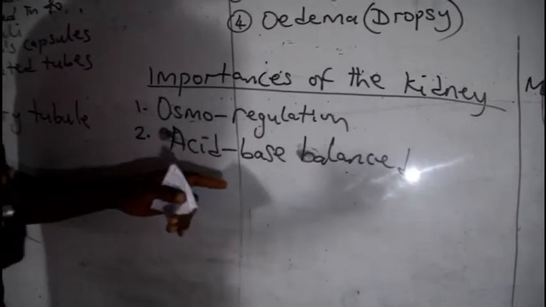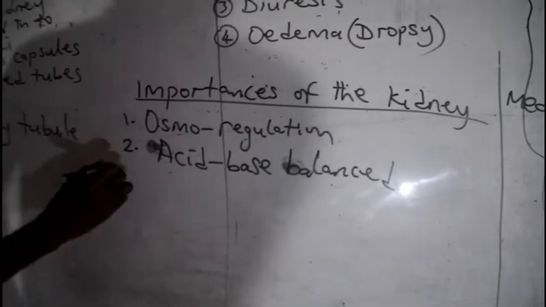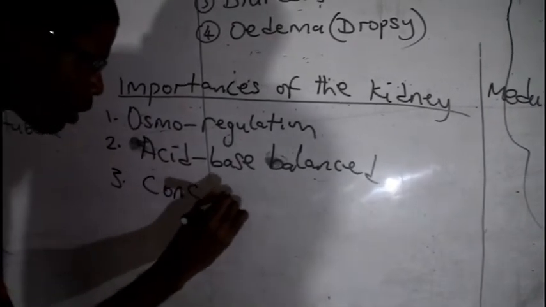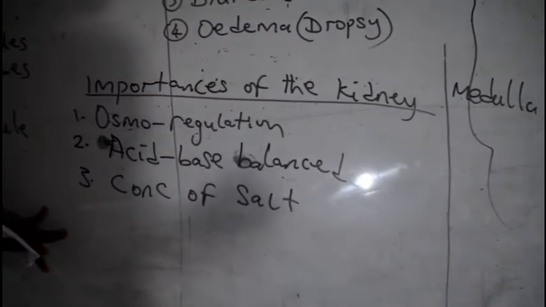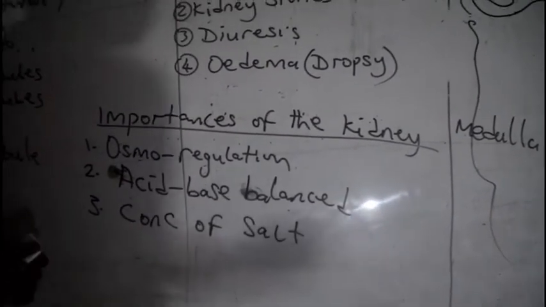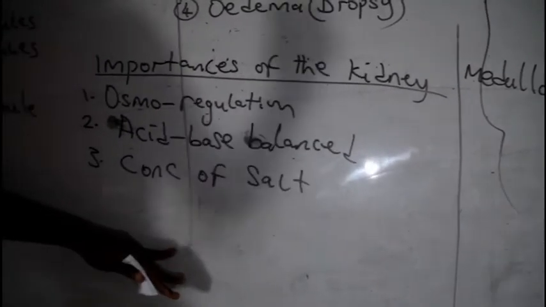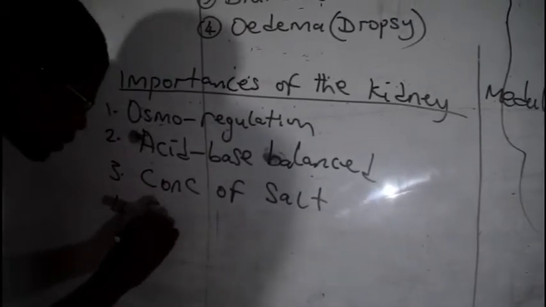When it's too basic, it will excrete alkaline radicals to balance up the equation. It controls the concentration of salts. The kidney controls the concentration of salt in the body. Now, when you take too much salt in your body, the kidney will help to reduce it by secreting some radicals.